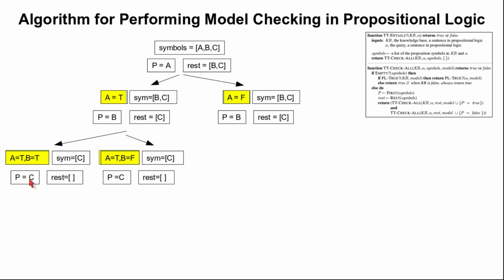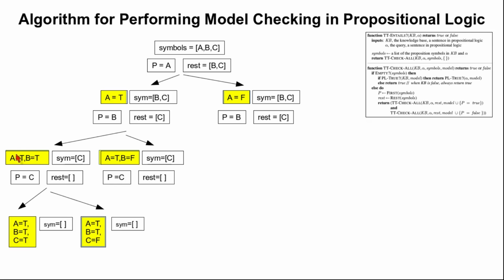So this time p was c, so we will increment our model. Here the model was a true, b true, then we will include c true, and we'll also include c false. So we have created the models a equal to true, b equal to true, c equal to true, and a equal to true, b equal to true, c equal to false.